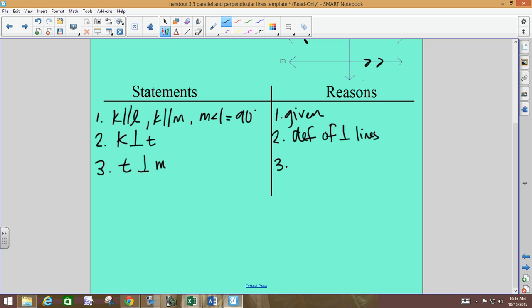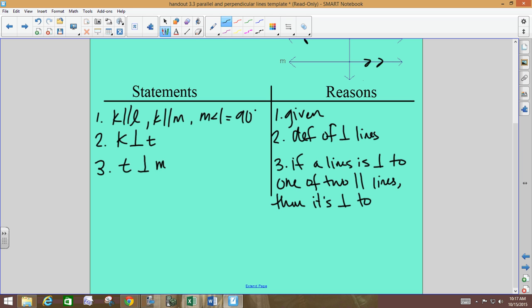Do you see how it doesn't say like theorem 311, perpendicular theorem? It doesn't have a name. You have to write it all out then. If a line is perpendicular to one of two parallel lines, then it's perpendicular to the other one.